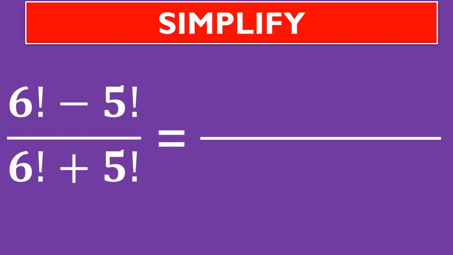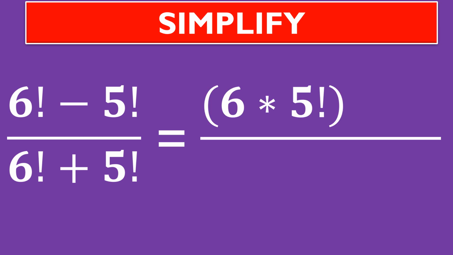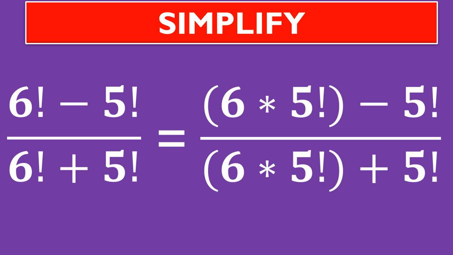And this can be seen and expressed as shown above. So our 6 factorial has been substituted with 6 times 5 factorial, both in the numerator that is above and then in the denominator that is below. And that is the rearranged expression.